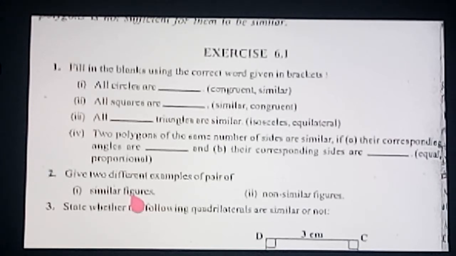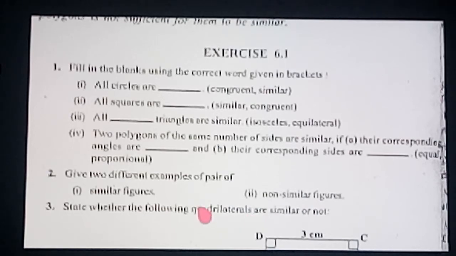Now non-similar figures examples: a circle and a triangle are non-similar figures. An isosceles triangle and a rectangle are non-similar figures. Write any examples by yourself. You understood the concept now, so you can write by yourself.